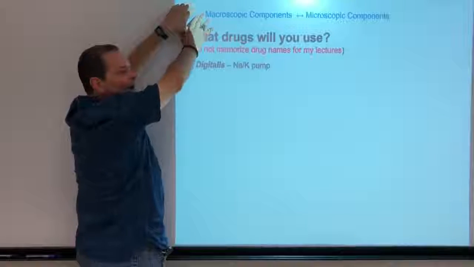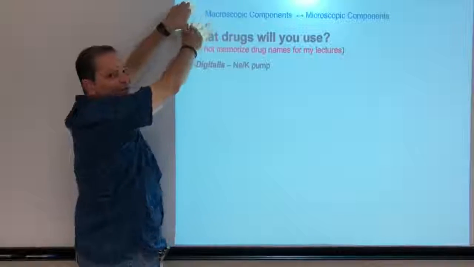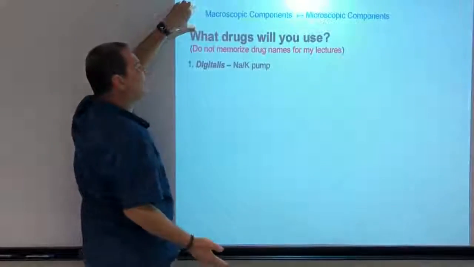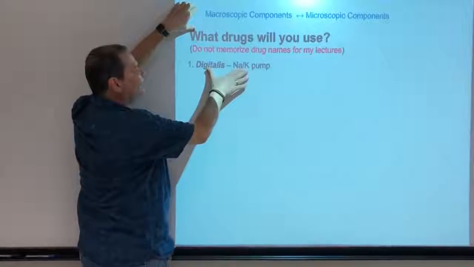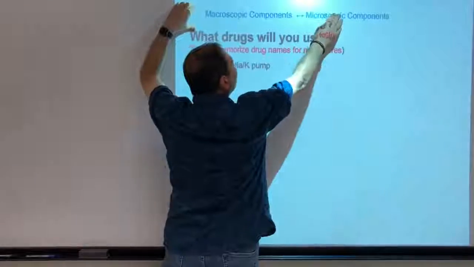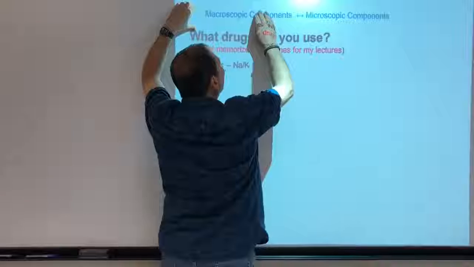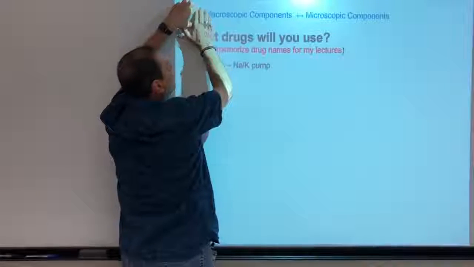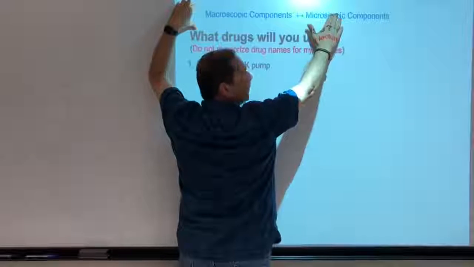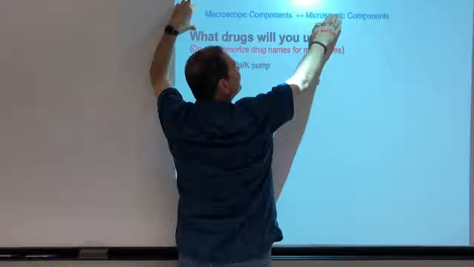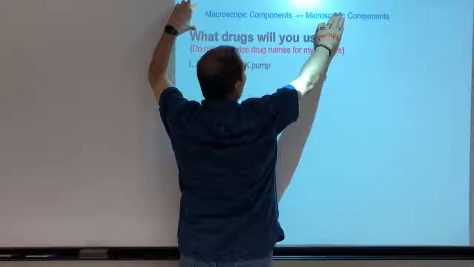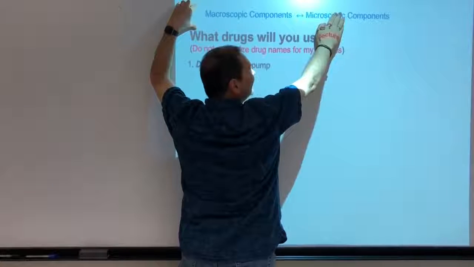That is how they result in changes that you actually see in your patient, like an increase in heart rate or something. Okay, and if you want to understand how these drugs work, you have to understand the relationship between these 2, and you need to be able to go up and down the ladder, down from symptoms to microscopic problems that are causing those symptoms, up from treatment of those problems, which almost always happens at the microscopic membrane and protein level.